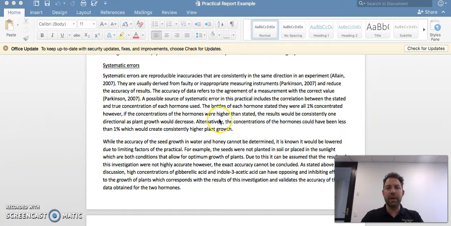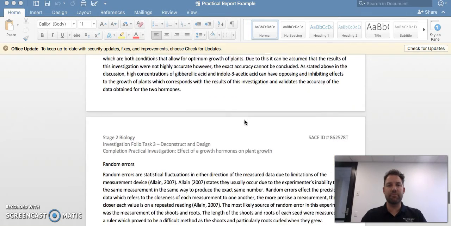And then it talks about the possible systematic errors within this specific investigation. It then goes on to suggest that systematic errors could not be determined and their impact on the accuracy could not be determined. And it says that the experiment would need to be repeated with new equipment to check for systematic errors.